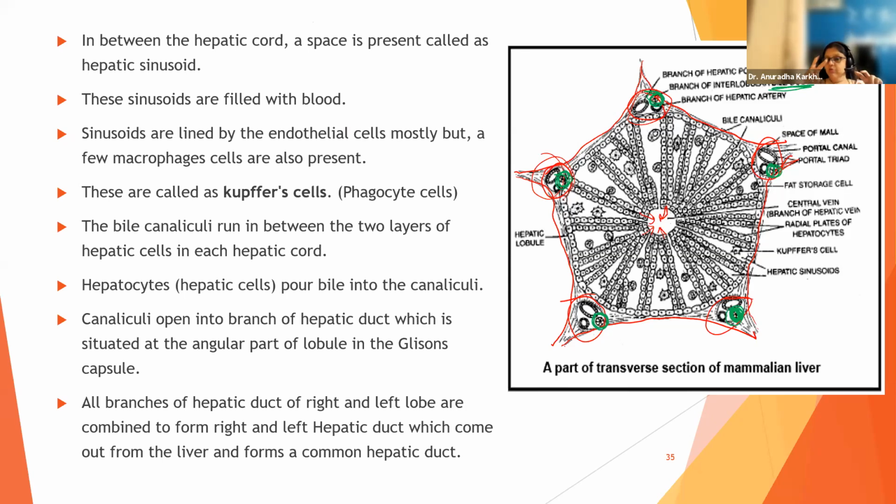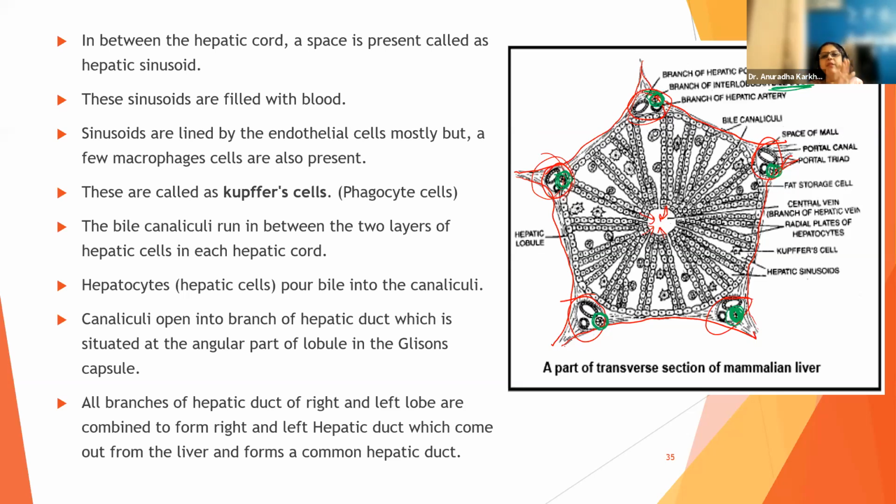The 2 rows of cells which are coming towards the center would be called the hepatic cord. Between the 2 rows of the hepatic cord lies a space called the bile canaliculi. These hepatic cells will make the bile secretions which will be poured into this canaliculi.